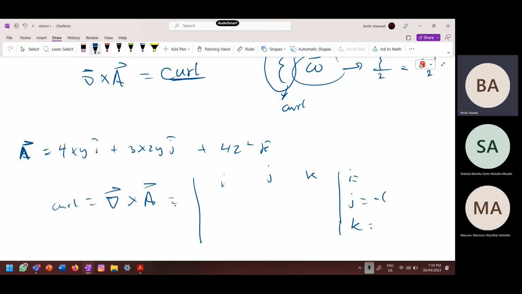Okay, now remember, we're going to start with this. So partial over partial x, partial over partial y, partial over partial z. And we're going to write this for 4xy, 3xzy, I guess, yeah, and for 4z squared.